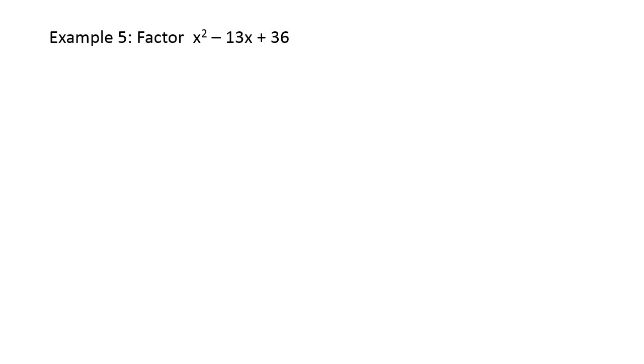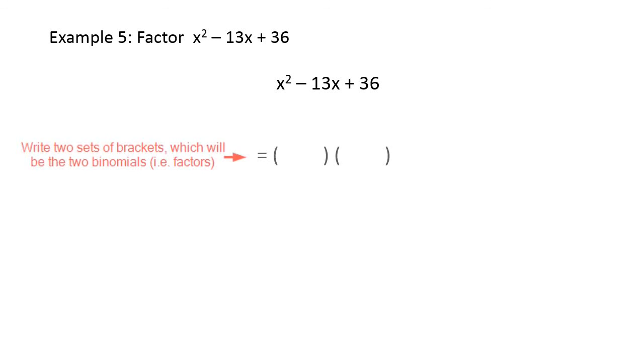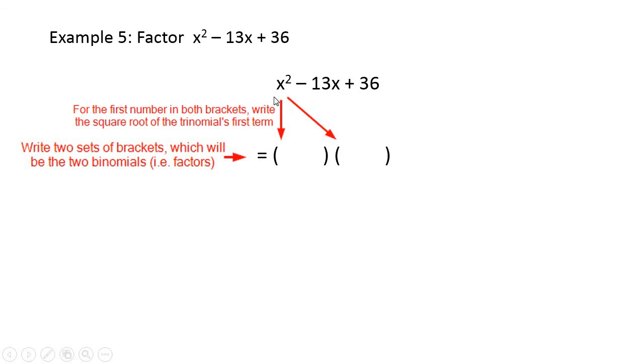Example 5, factor x squared minus 13x plus 36. So again, always check, is there a GCF? There is none here. But a is equal to 1, so we're going to try to factor this by going to two binomials. Write down the square root of the x squared in the first place of each of these binomials. And now, what are the two numbers that multiply to 36 and add to negative 13? Well, it can't be two positive numbers because we need to add them to negative 13.